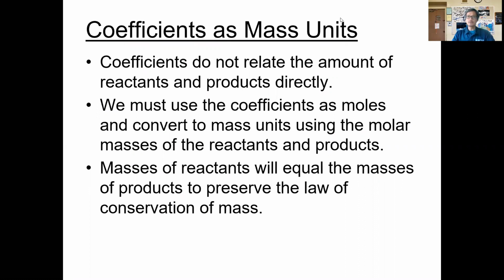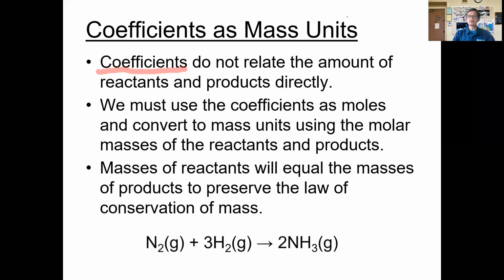So we need to figure out a way that we can take the coefficients from the balanced equation. Can we take these coefficients from the balanced equation and find mass from them? Well, first of all, the coefficients do not give us the masses of each one of those reactants and products. So for the balanced equation that we talked about already, let's go ahead and take a look at this balanced equation here.